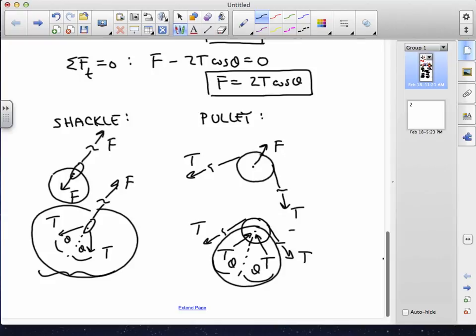If we wish to do so, we could take the bearing forces, resolve them into components in x and y, and then define a net Ax and Ay as we had in our very first free body diagram. So we could get back to our first free body diagram of a pulley if we so desired.